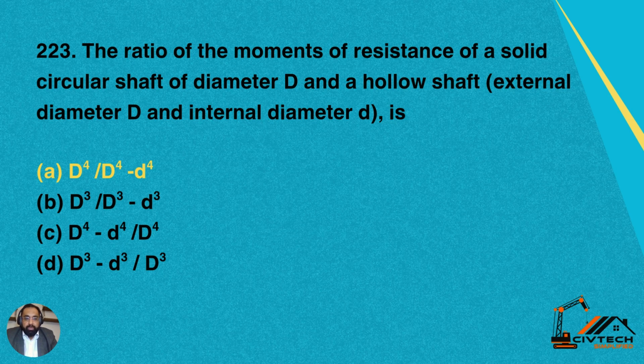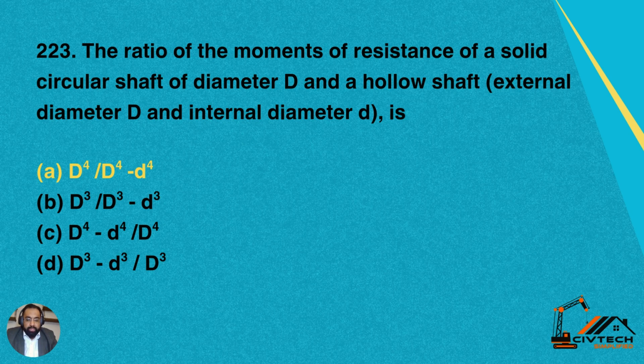223. The ratio of moment of resistance of a solid circular shaft of diameter D and a hollow shaft with external diameter D and internal diameter small d. What is the ratio of the moment between both?